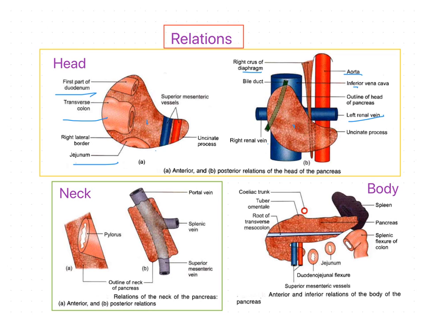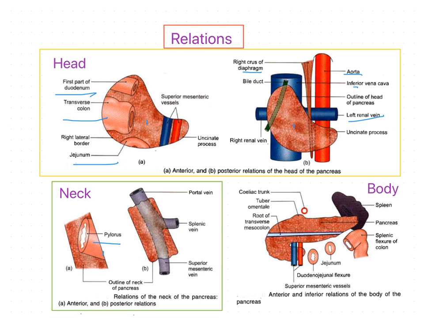Now we will see the neck part. The neck also has anterior and posterior relations. On the anterior side, it is covered with peritoneum, and it is related to the lesser sac of the peritoneum, which separates it from the pylorus of the stomach.